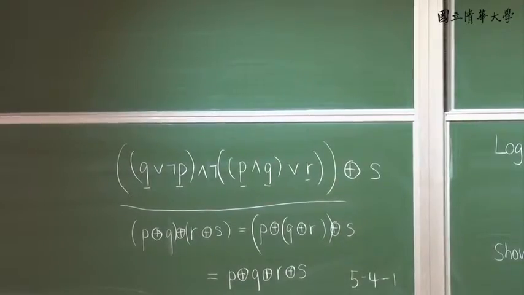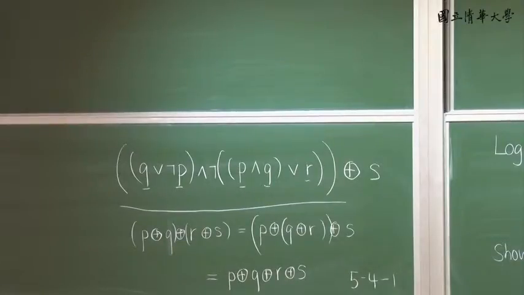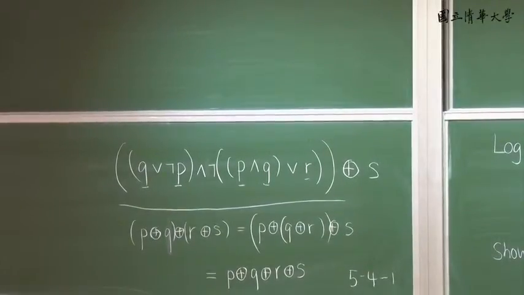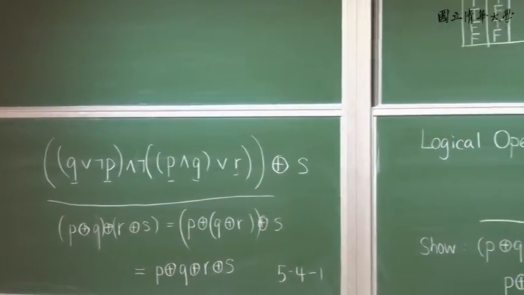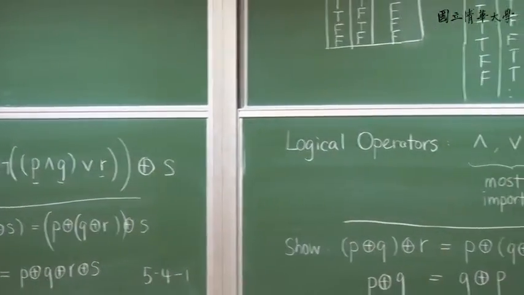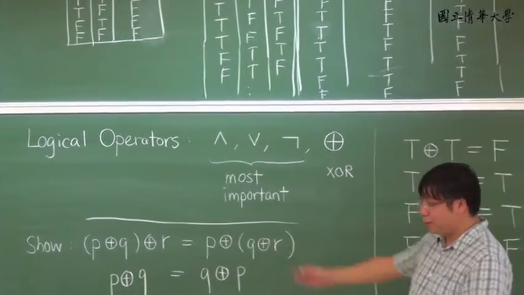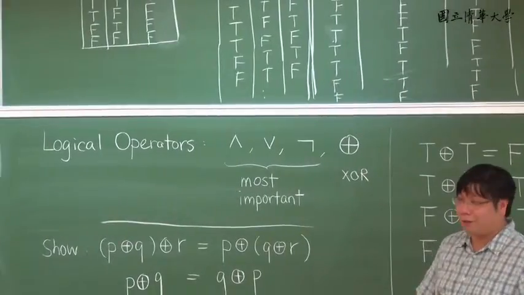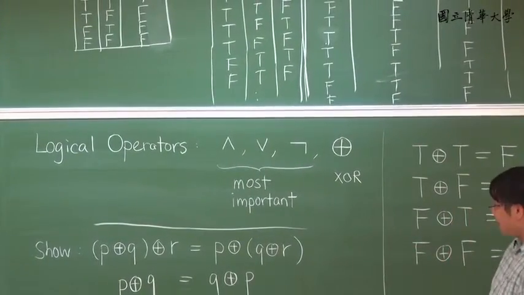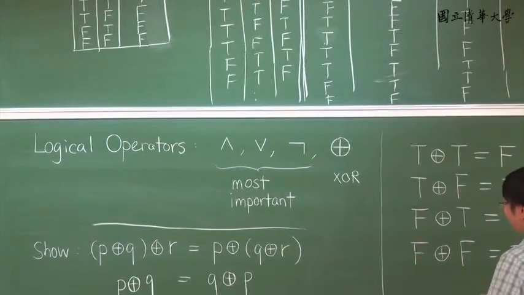Or you can do the middle first, Q or R together, then P or that result, and then this together with S. But a mixture of AND and OR doesn't work. Okay, so we need to be careful. There is a law here called the associative law. We will talk about this, but at this point, trust me.